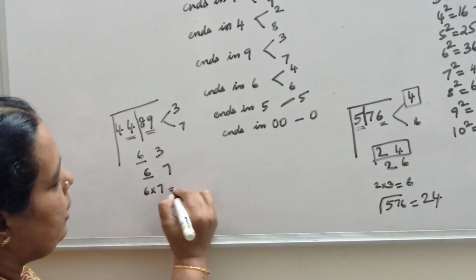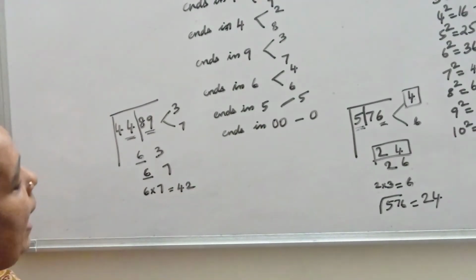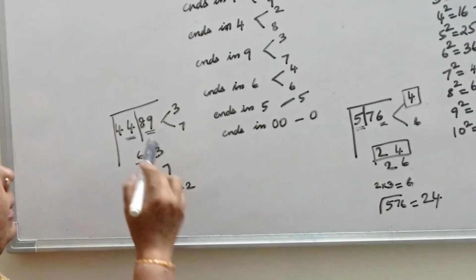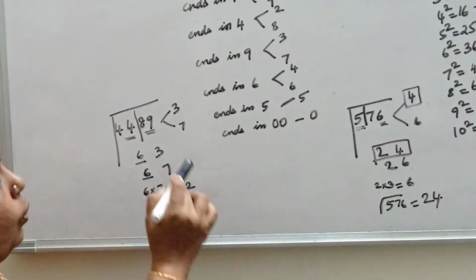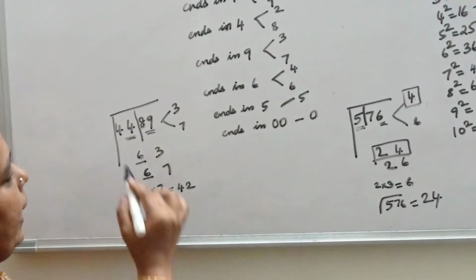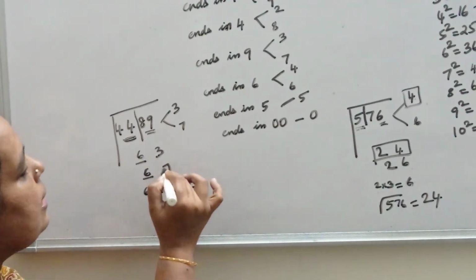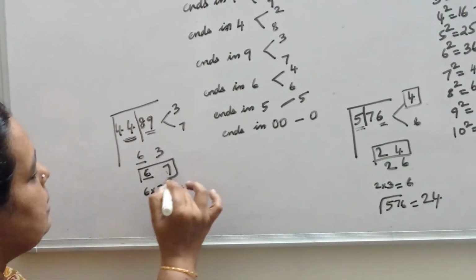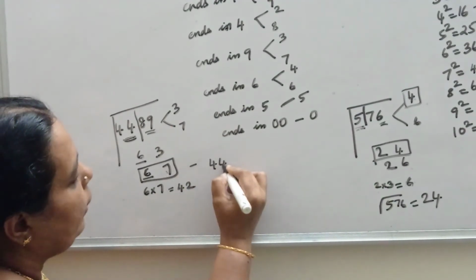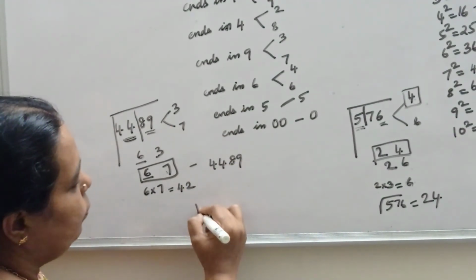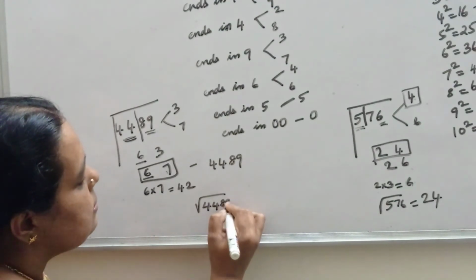So 6 into 7, 42. As 42 is lesser than 44, that is, 44 is greater than 42, we have to consider the greater number as the square root. So 67 will be the square root of 4489.